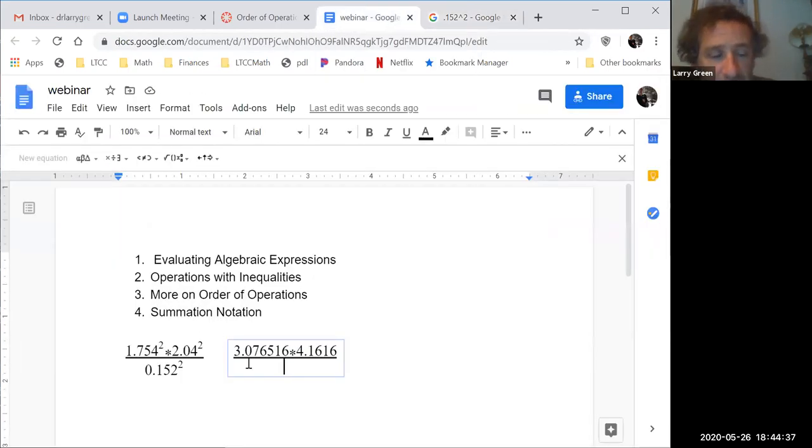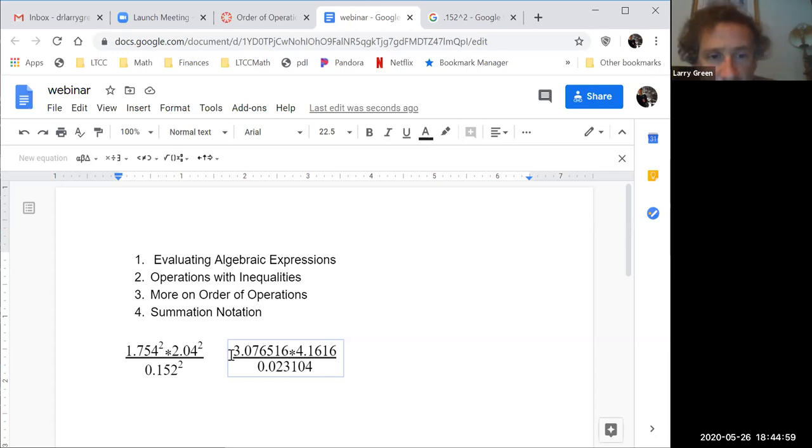Okay, so order of operations are important. You have to do it in the right order or you'll get the wrong answer. So the first thing we do is all the squares. Then what do we do? So what's the next step in order of operations?